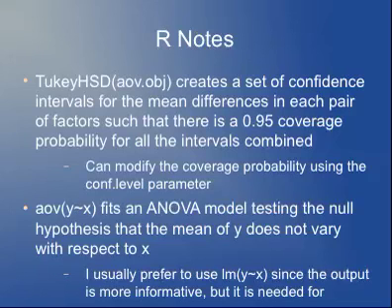It gives you the coefficient estimates and the p-values for the various coefficients. I just prefer lm for a variety of reasons. Unfortunately, if you pass an lm object to TukeyHSD, it will blow up. It has to be an aov object, so you'll have to use aov twiddle x instead of lm twiddle x.